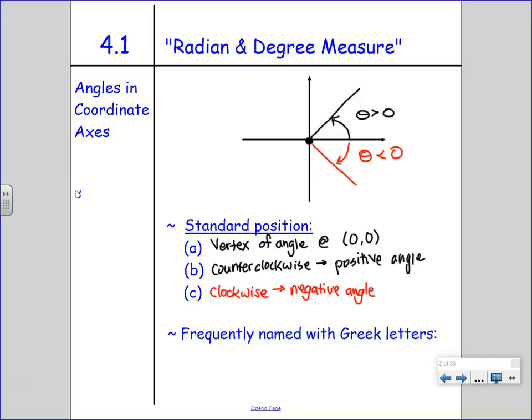Really quickly before we go too much further, what quadrant is this one right here? Quadrant 1. What's true in quadrant 1 as far as x's and y's? Positive, positive. So we have x greater than 0, y greater than 0. What quadrant is this? 2. What's x, positive or negative?